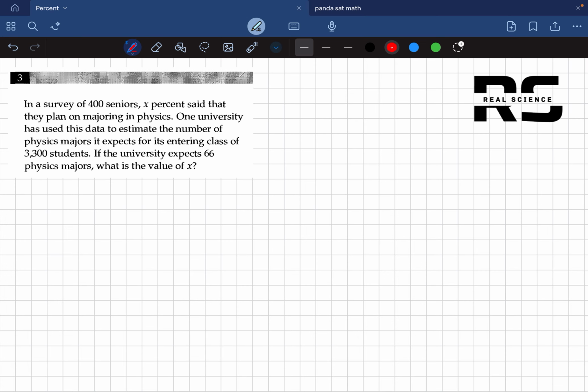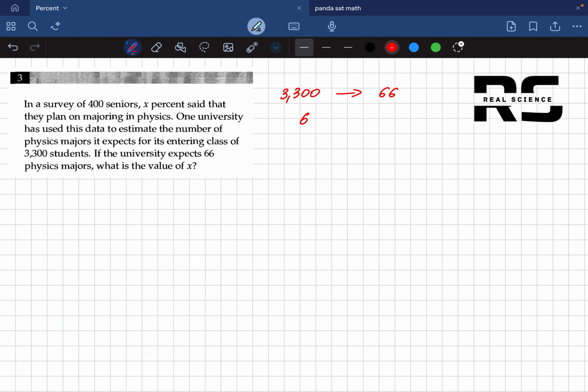Well, basically we have 3,300 students, the incoming class, and there are 66 students out of this many that plan on majoring in physics. So we need to understand what 66 makes of 3,300 in percent.